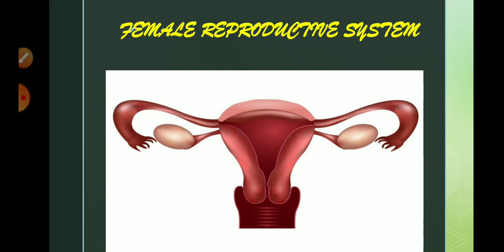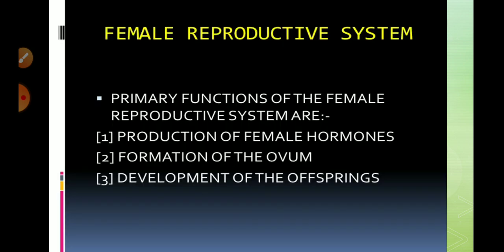So in the female reproductive system, there are some organs present, and that is a somewhat complicated system which carries a lot of functions.